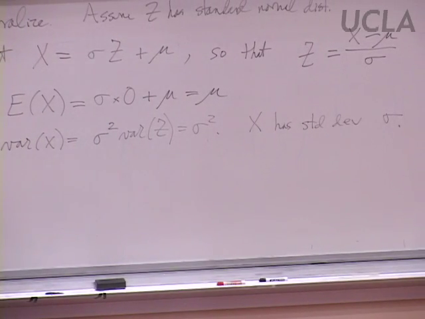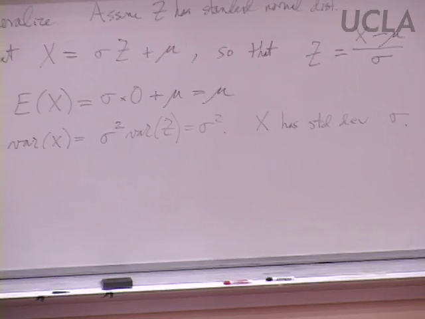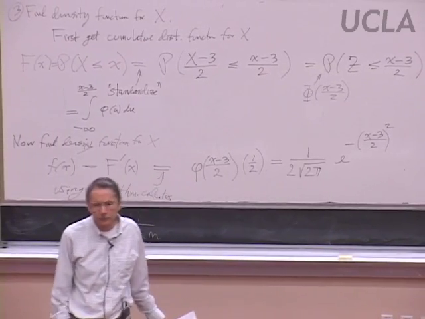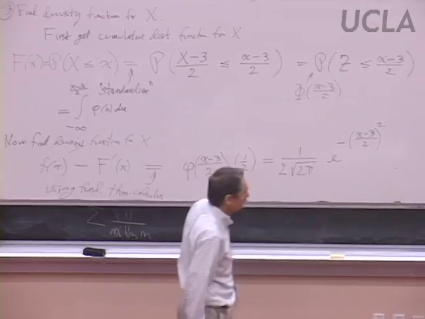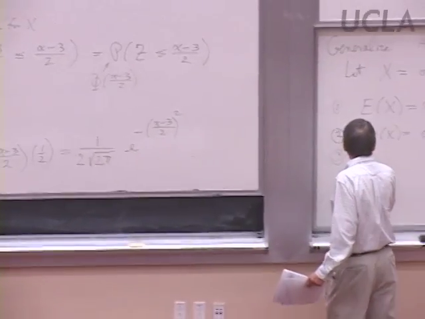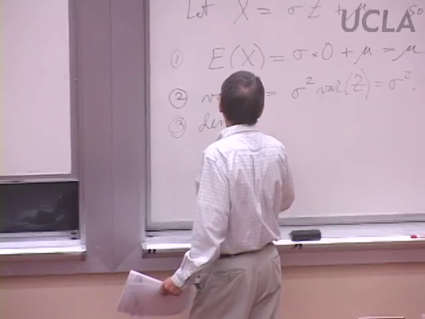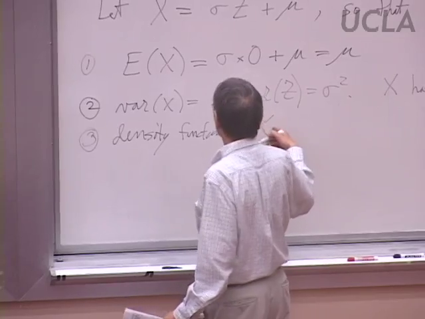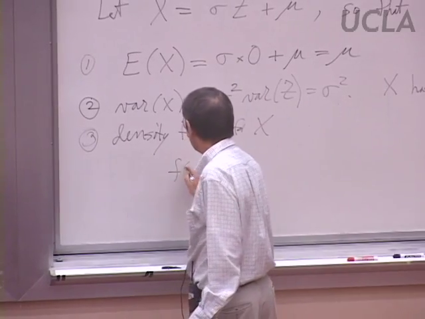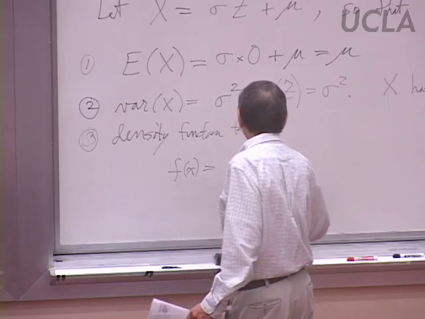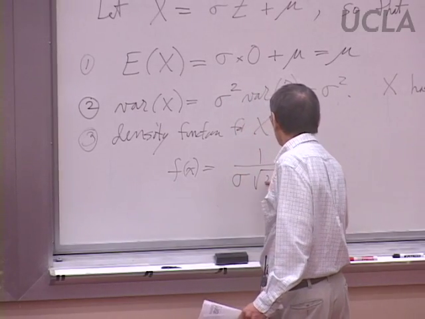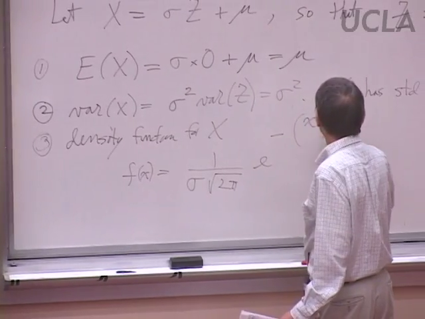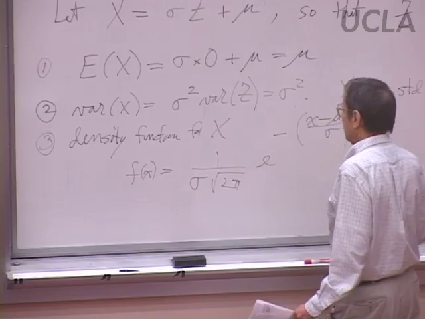And now we copy over the calculation of the density function, or at least mentally, but with 2 replaced by sigma and 3 replaced by mu, and we get the density function for x. Then the density function for x is f of x equals 1 over sigma square root of 2 pi times e to the minus, okay, we have x minus mu over sigma squared.